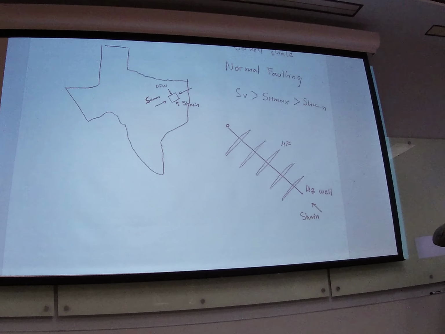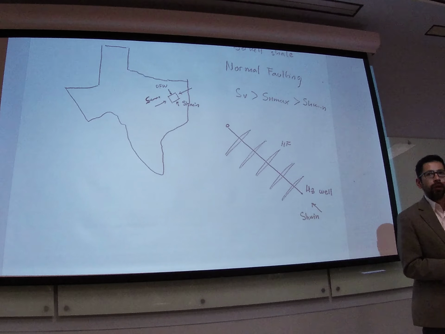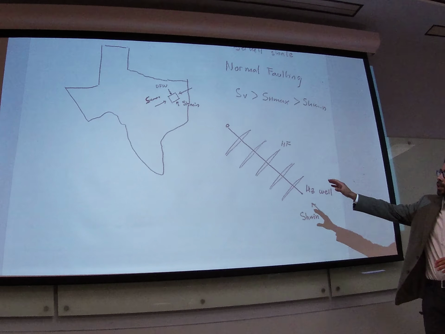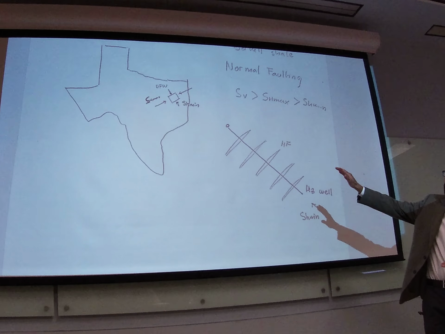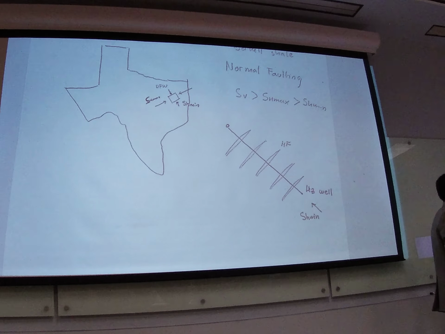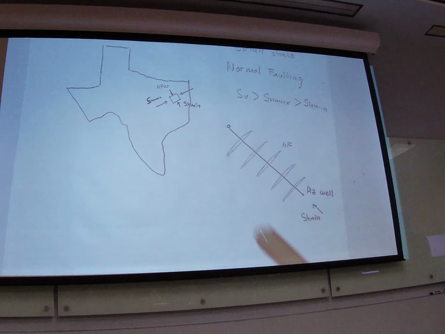Okay, so I just want to say a few more things about horizontal stress, and then we'll talk about the homework. The first thing is that when I was looking at this plot in my office, I noticed that the direction of my wellbore was not really parallel to the direction of SH mean.